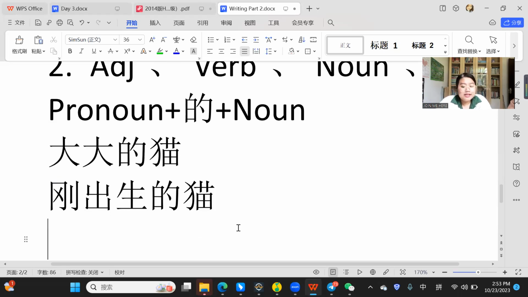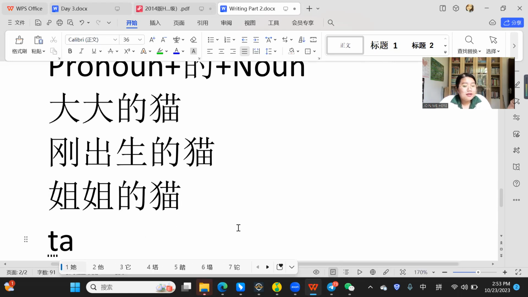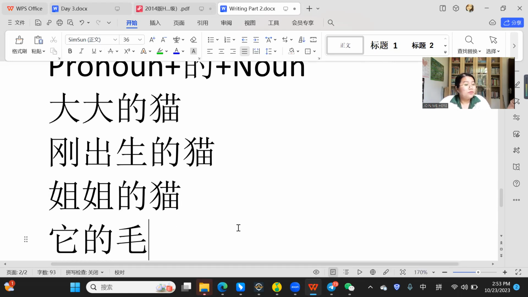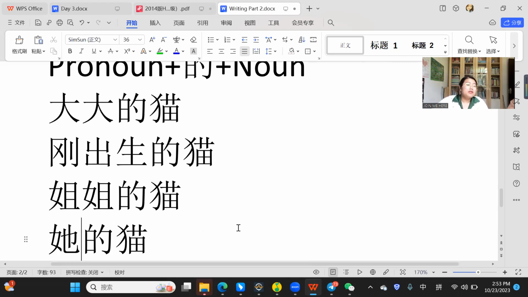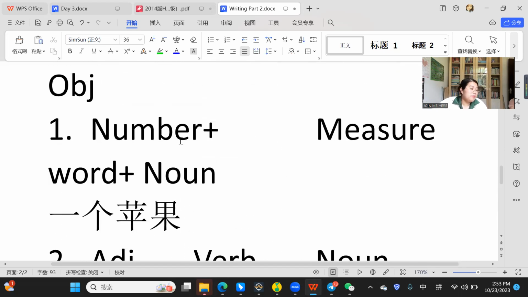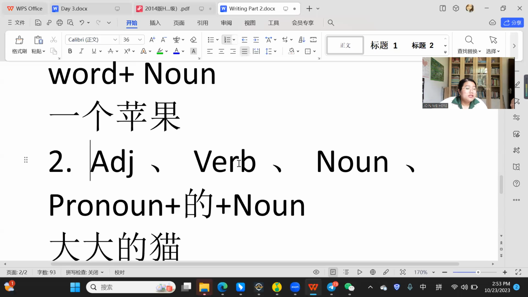And you can even say 姐姐的猫, right? 她的猫, right? So these all become words to help you. So just remember this pattern: number plus measure word plus noun, or adjective plus 的 plus noun, or verb 的 noun, or noun or pronoun 的 noun.